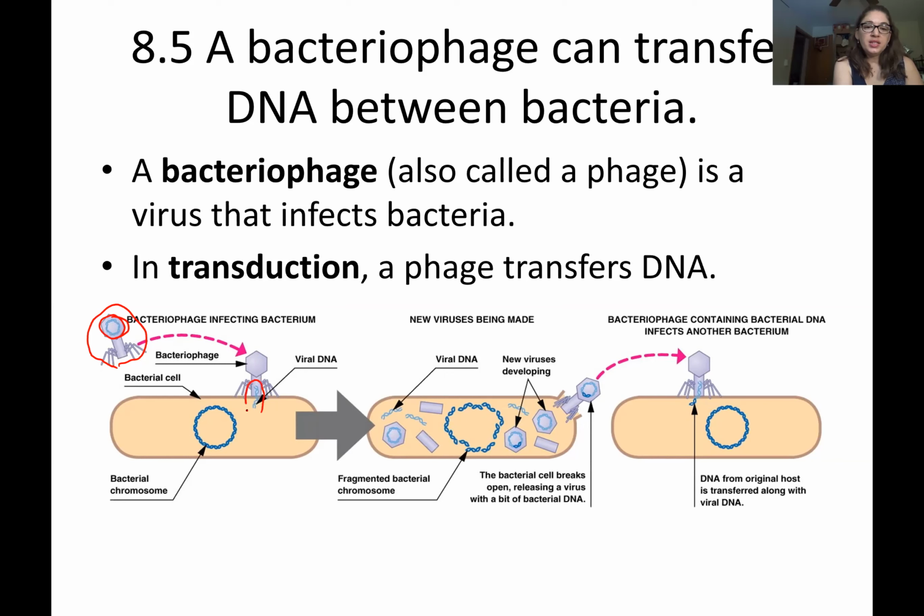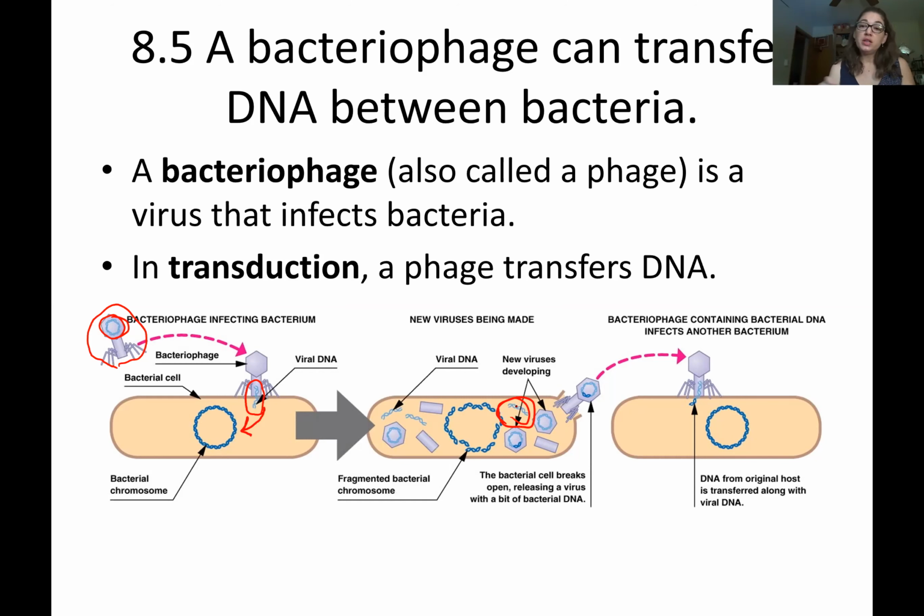It inserts its DNA into the bacterial cell, which causes the cell to become basically a manufacturing plant for new viruses. It breaks down the bacterial chromosome, and the bacteriophage DNA is used to create new virus components. It builds new viruses, and then the viruses burst free from the bacterial cell, killing it.